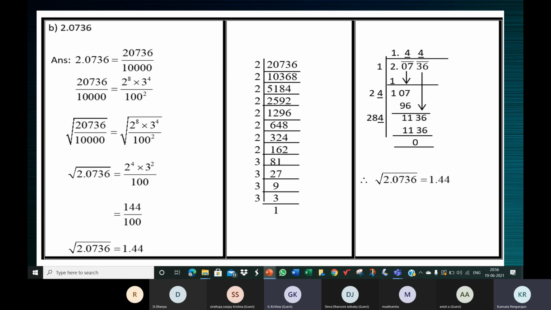So it may be 51 into 51, 52 into 52, 53 into 53, and so on. But since it ends with 9, it may be 53 into 53 because 3 threes are 9. Or it can be 57 into 57, 7 sevens are 49.